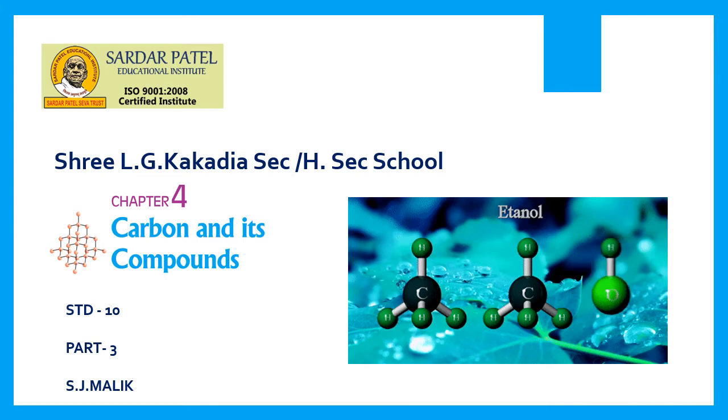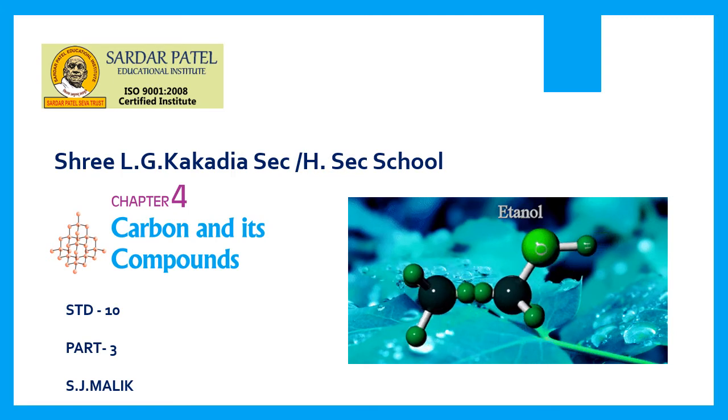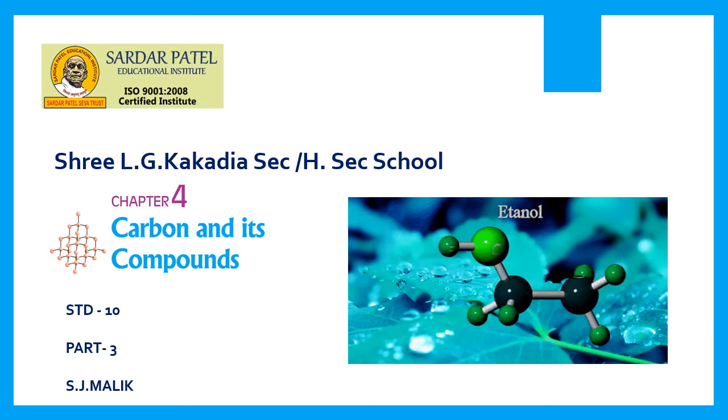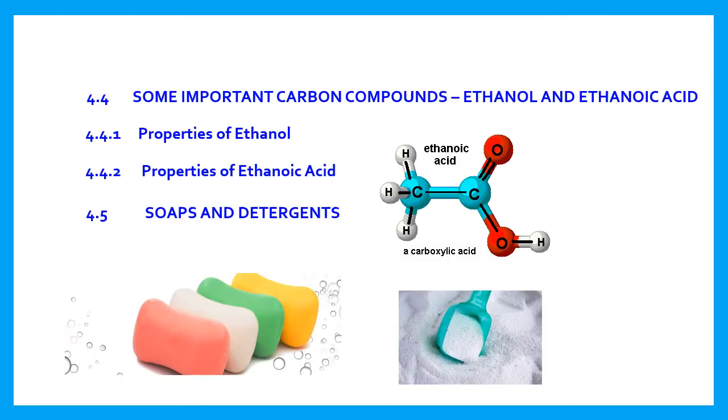Today I am here with you with part 3 of chapter 4, that is carbon and its compounds. Already two parts of the chapter we have done, and I hope you have seen both the videos and you like them. Now let me move further with part 3. In this part, we will discuss some important carbon compounds.